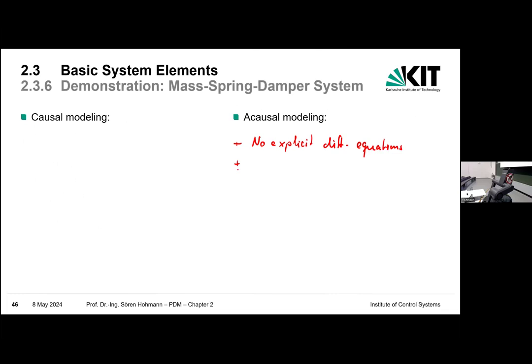A plus is perhaps also reuse of models. But there are some consequences. If the computer does the calculation for you for solving the algebraic equation, the simulation time is usually longer than when you did it by hand, right? Only in simple cases it's not the case.